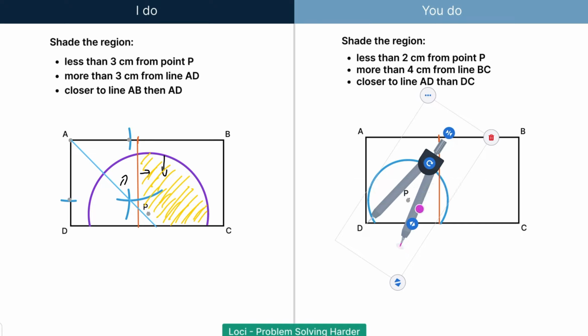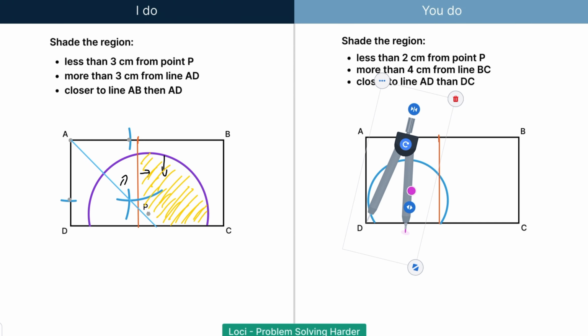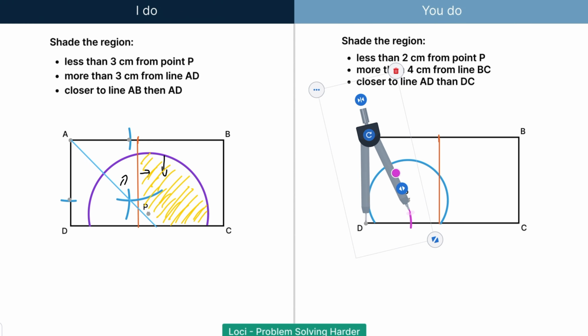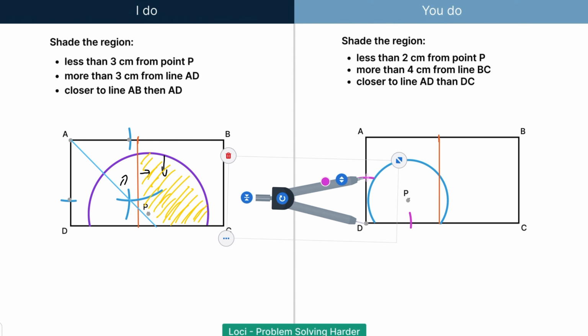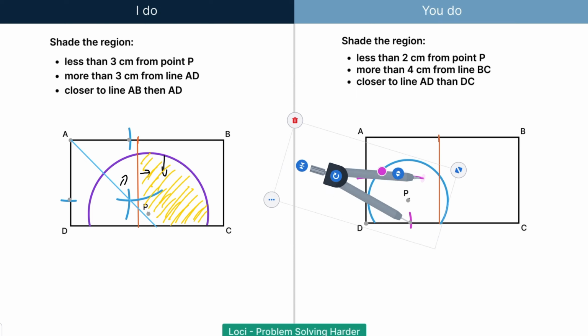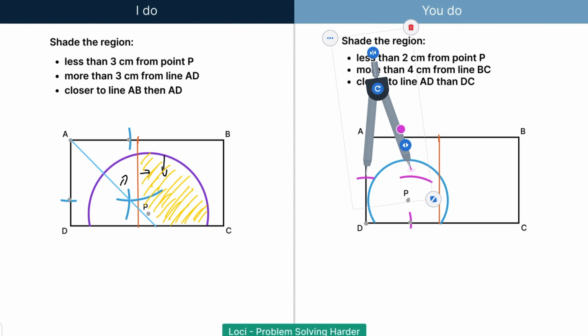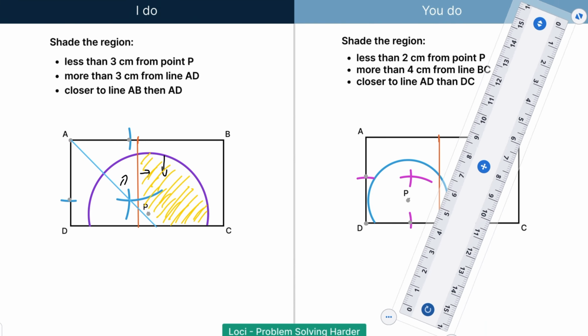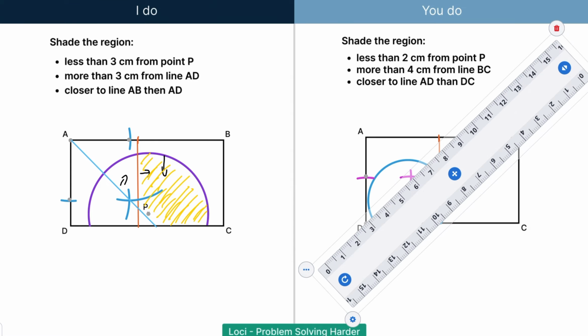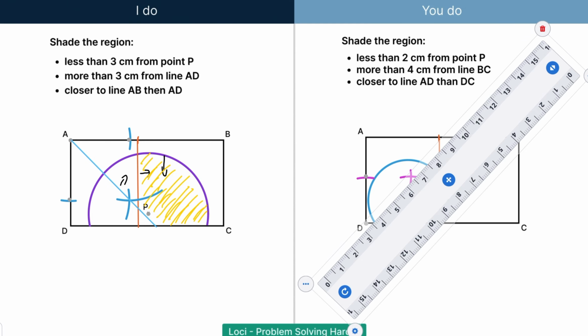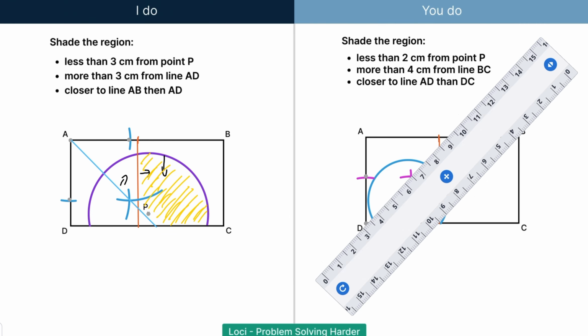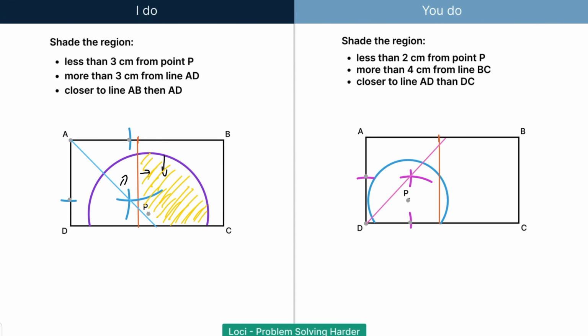So if I again use a different color, so if I put that there, rotate that, just open it up a little bit, make a mark there, rotate that, make a mark there, and then take that, put it on there, make a mark there, take that, put it there, make a mark there, and then take the ruler, and put it there, and draw a straight line through there, and then put that here. That is perfect. And with this, we have that.